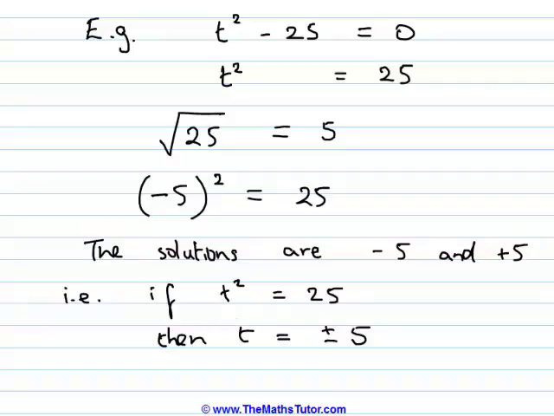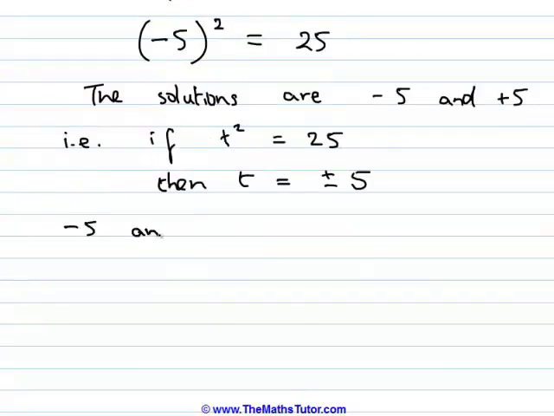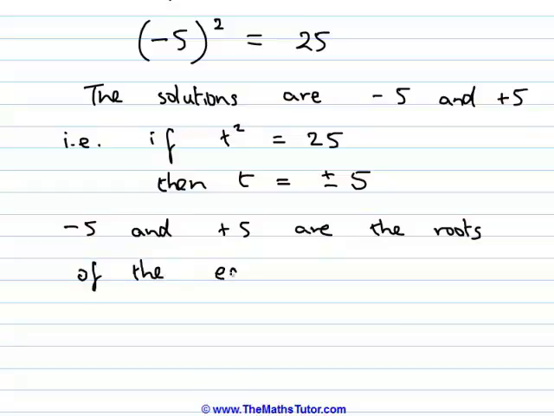Sometimes we use the word root instead of solution. So we can say minus 5 and plus 5 are the roots of the equation t squared minus 25 equals 0.